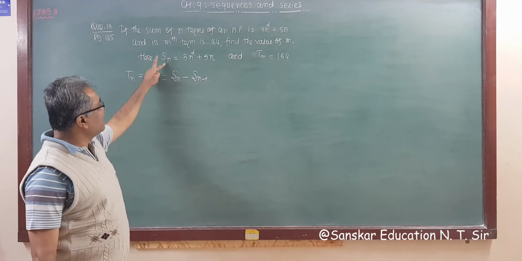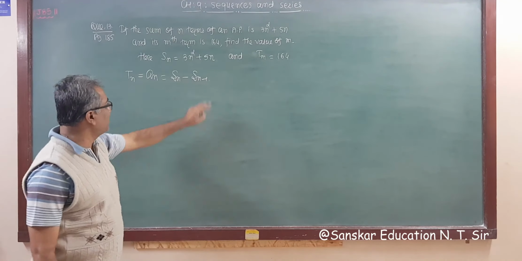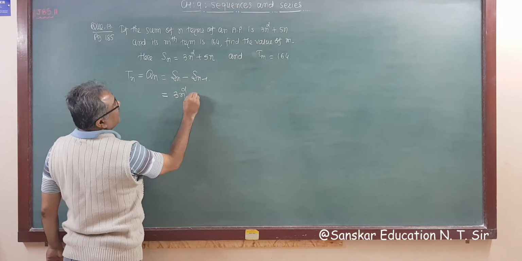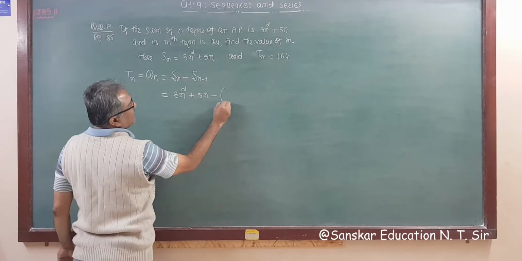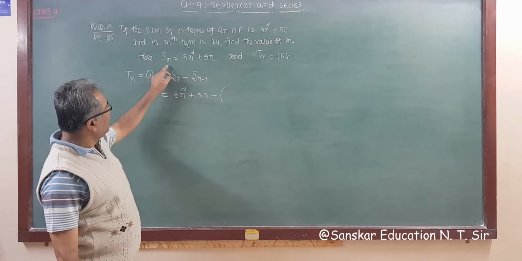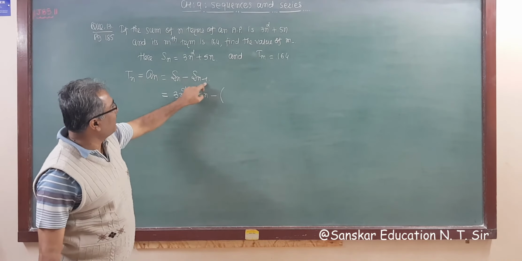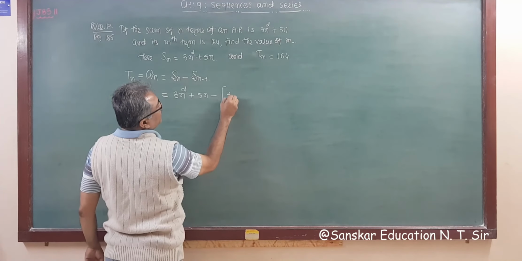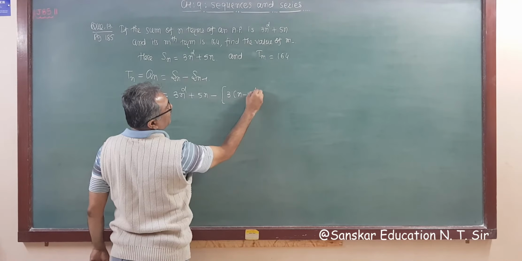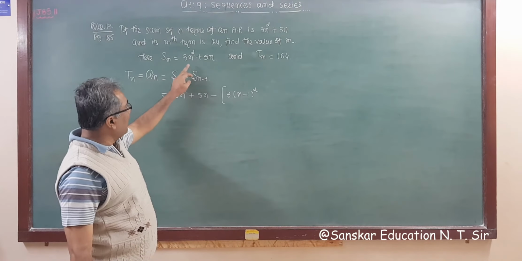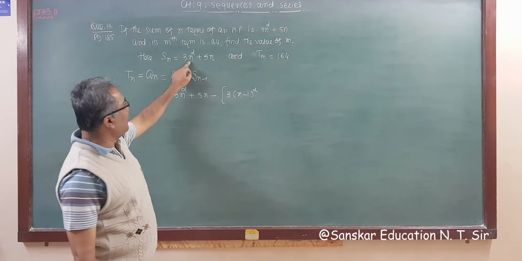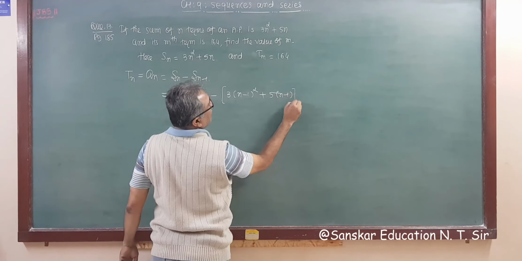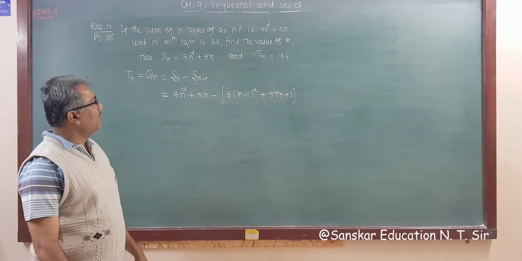So Sn is given, so substituting, Sn is 3n square plus 5n minus, wherever there is n, we have to write n minus 1, so 3 times n minus 1 whole square plus 5 times n minus 1, got it?